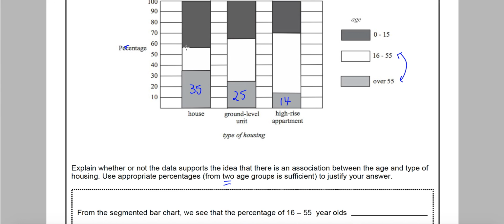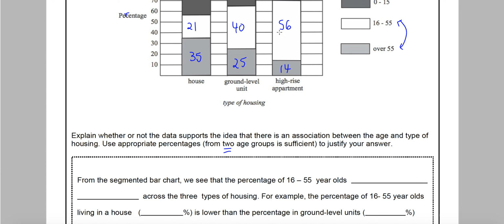This one looks like about 21. That's from 25 to 65, so that's 40. And this one here is about, yeah, I think that's about right, because that's about 70 or 71. It'll be close enough.